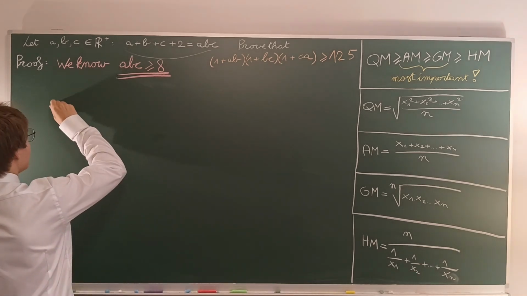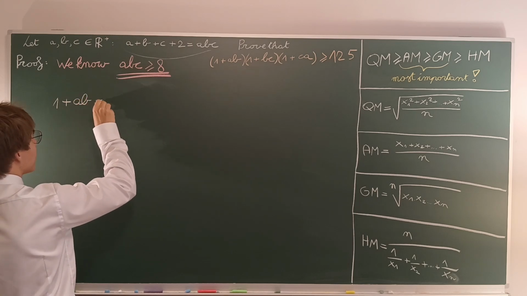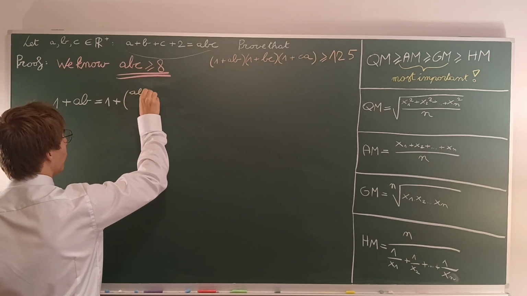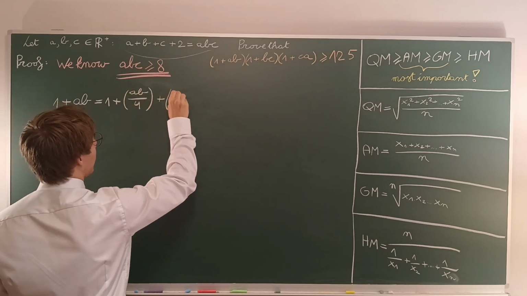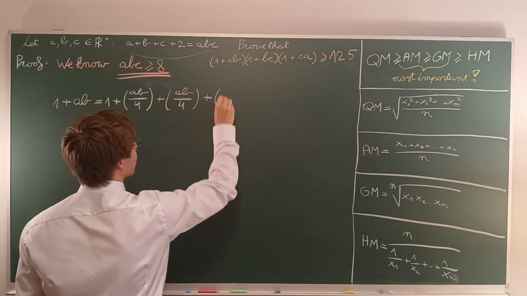Now we will use a clever trick. I will rewrite 1 plus ab as 1 plus ab over 4 plus ab over 4, and this 4 times.